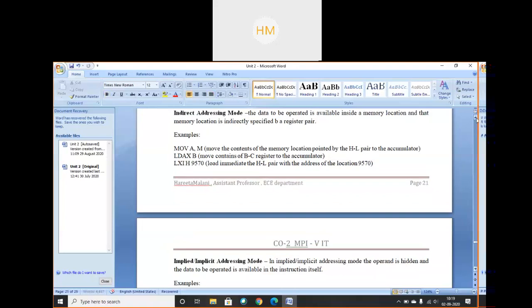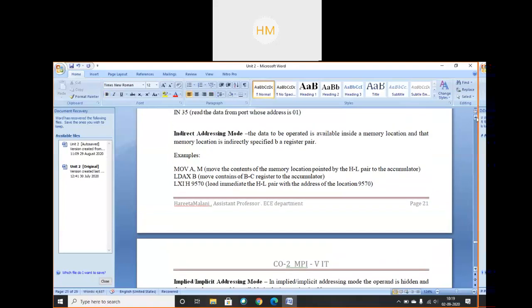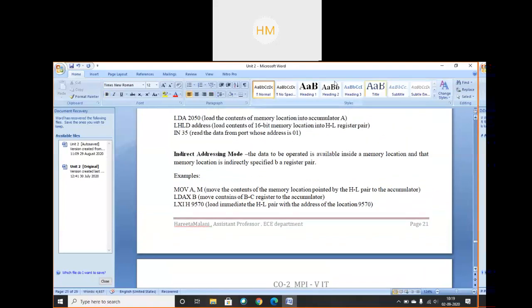Direct addressing mode means in the instruction, the address is directly given. You can write in your copy where the operand is always specified by a register pair. Clear? You can write your own examples also.